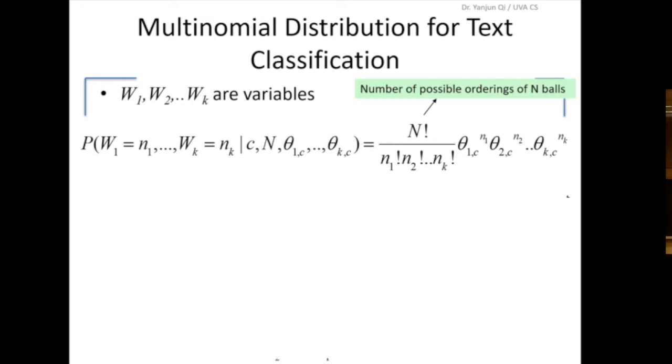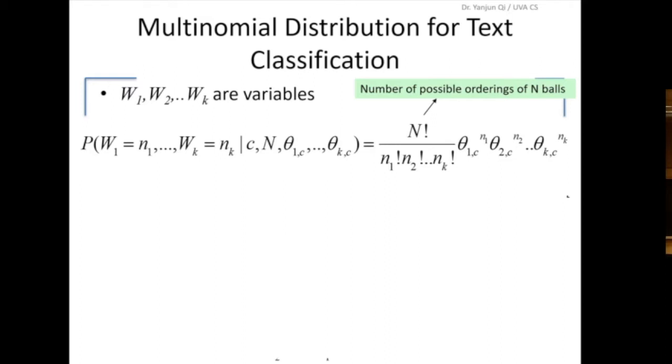Of course, it's just theta 1 to the power of n1, right? Then the second elementary event is theta 2 to the power n2, until theta k to the power of nk. And I hope you remember this term, which is the possible ordering, the factorial over all the other factorials, because we don't care about the ordering.